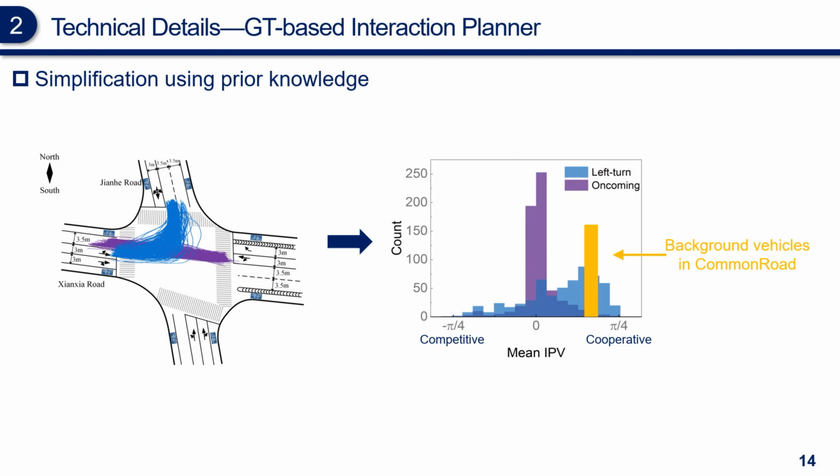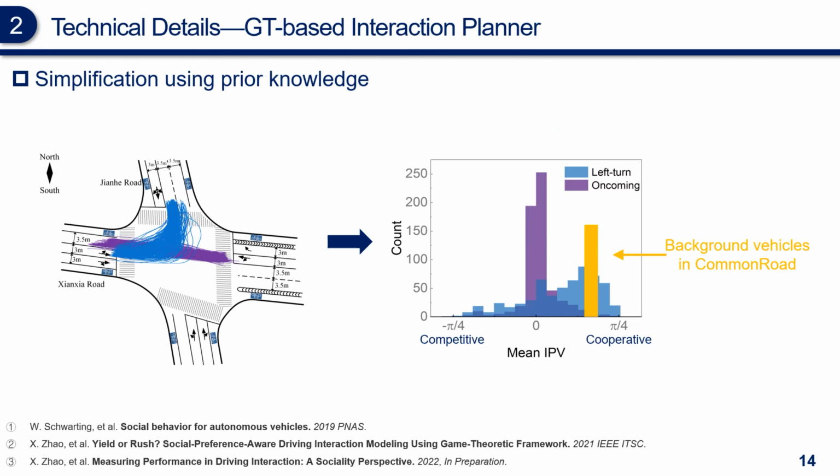And we eventually found that the best way to interact with those cooperative guys is actually being aggressive. So during the parameter tuning process, our planner is actually a bit competitive. And with this prior knowledge, we don't have to estimate the IPV of interacting agents online, as we know they are cooperative. So if you are interested in this idea, here are some references for you.